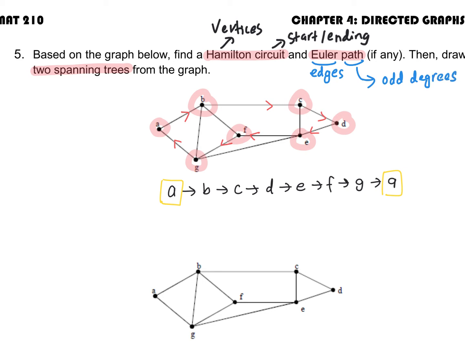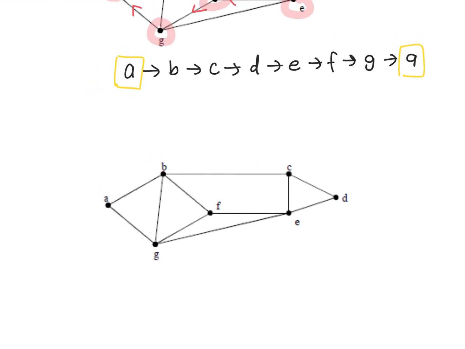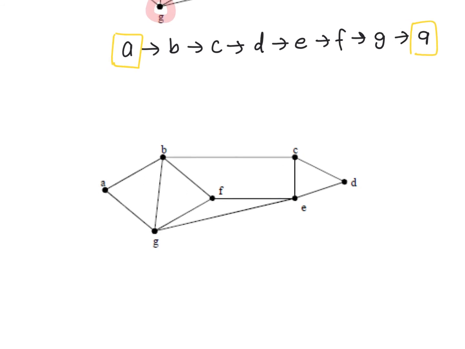This odd degrees need to be exactly 2. If we cannot find exactly 2 odd degrees, then we cannot even find the Euler path in the given diagram. So let's check this one, whether we can find it or not.